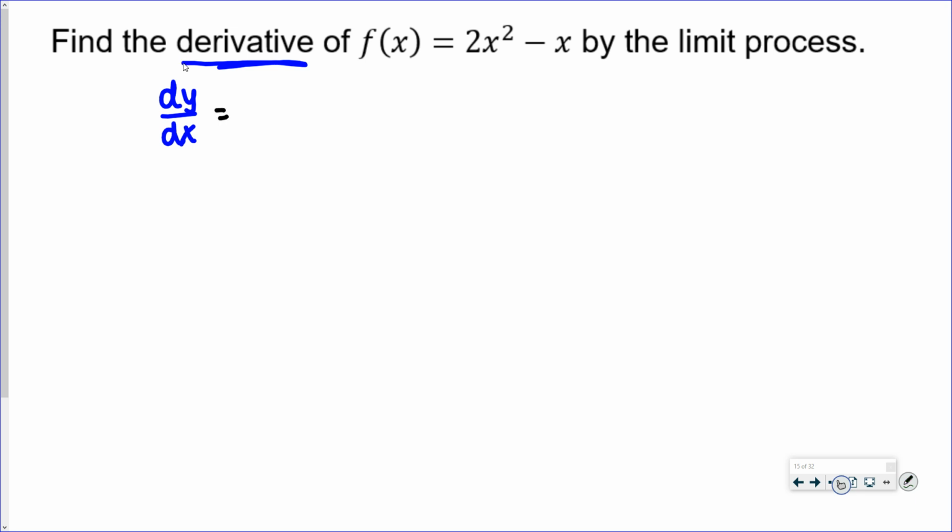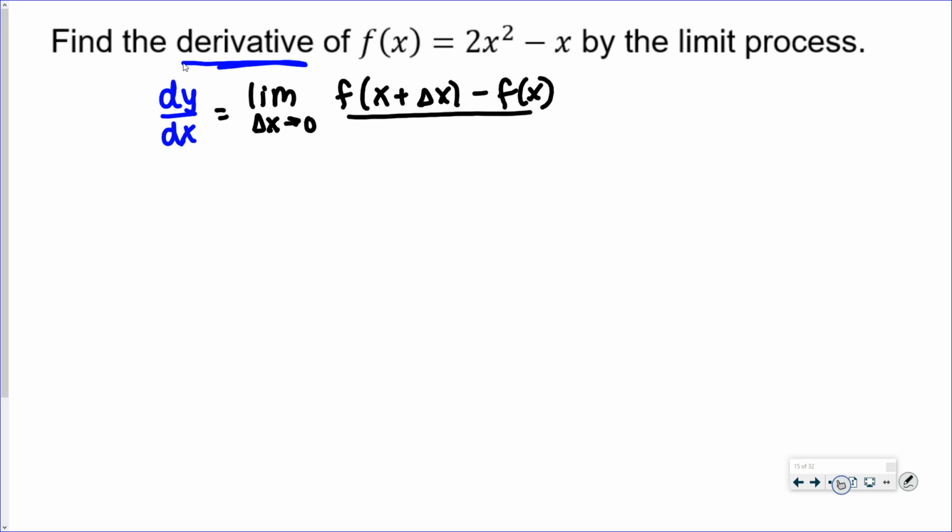Since we want the actual derivative equation, we're going to take the limit as delta x approaches 0 of f of x plus delta x minus f of x all over delta x. That's your limit notation for the derivative equation.